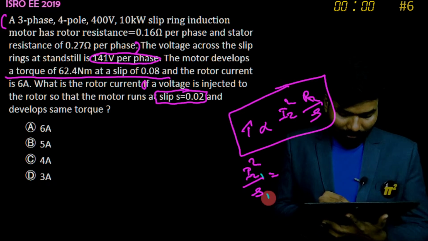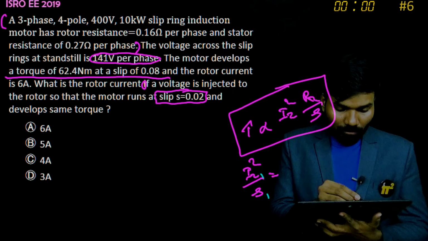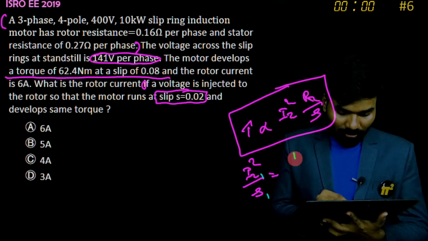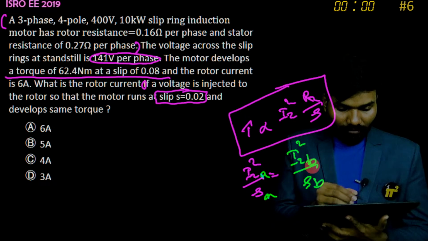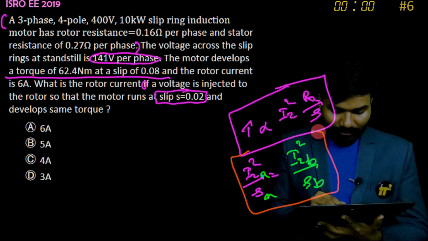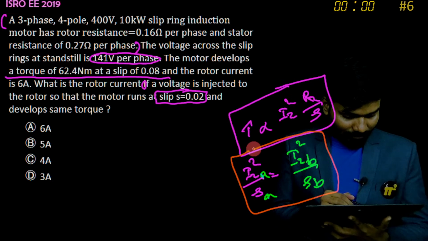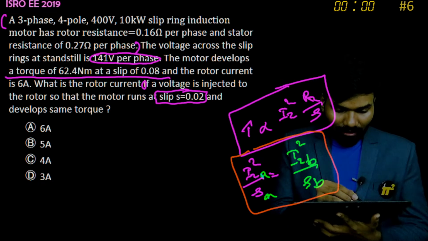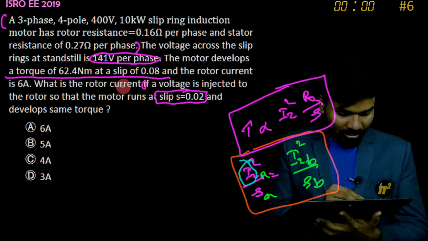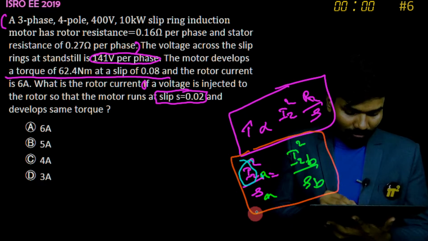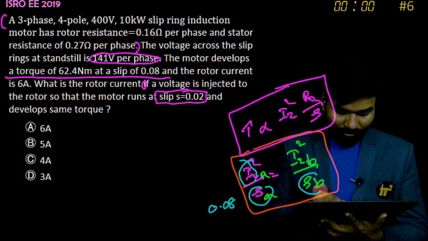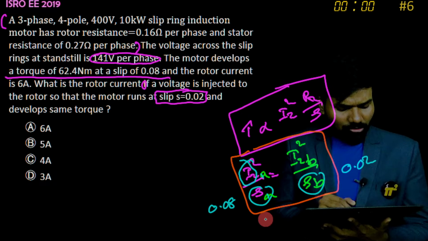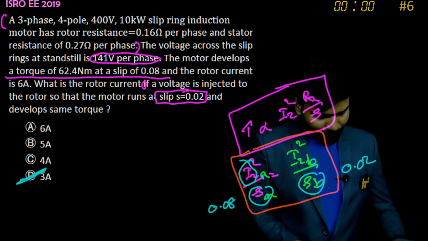Means whatever the rotor current square by S in the first case, A, that ratio should equal the second case, B. Now you have everything: I2A is given as 6 ampere, I2B is unknown, the slip is 0.08 in the first case and 0.02 in the second. Just do the math, you'll get the answer as D.